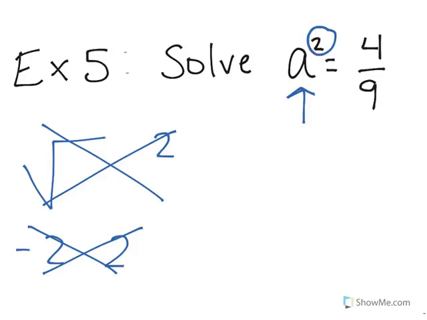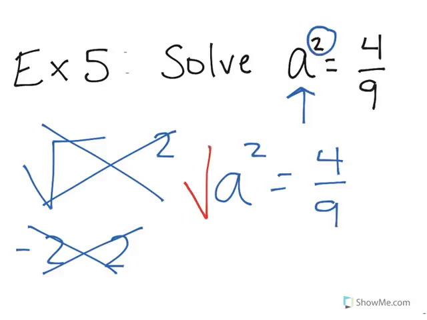So I'm going to rewrite a to the second power equals 4/9. If we square root this side, what we did to one side, we have to do to the other. By square rooting both sides, they cancel each other out to leave a by itself.